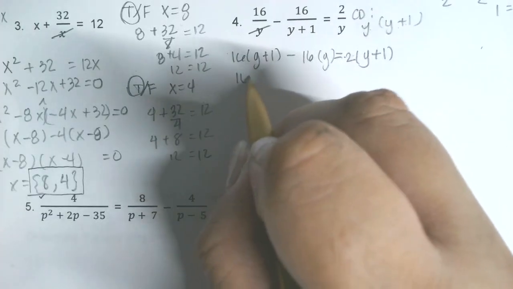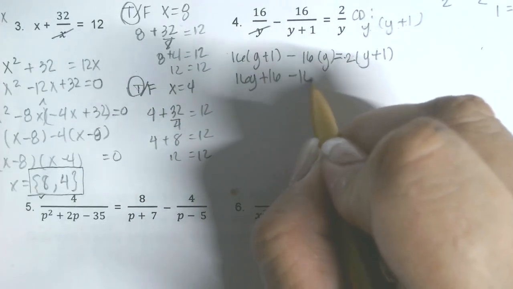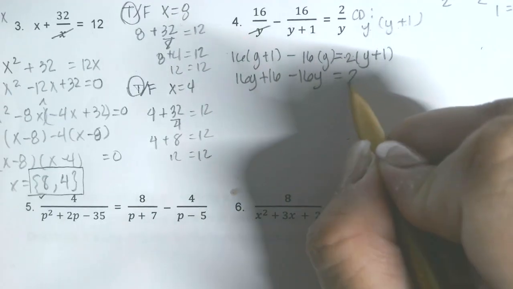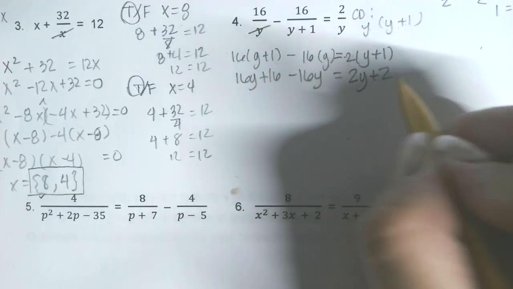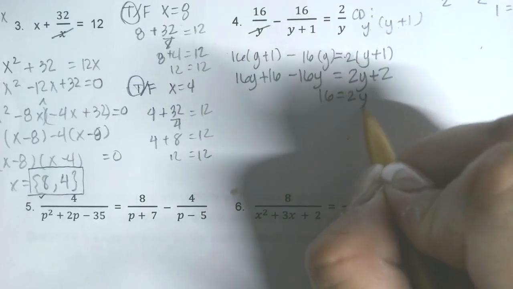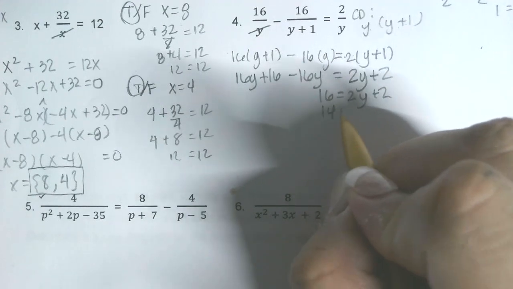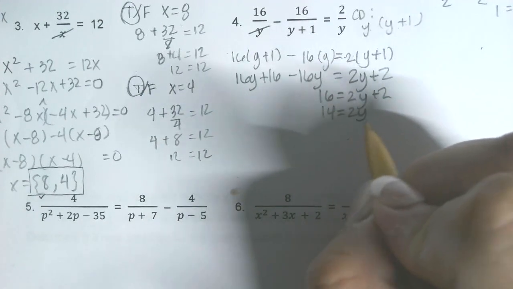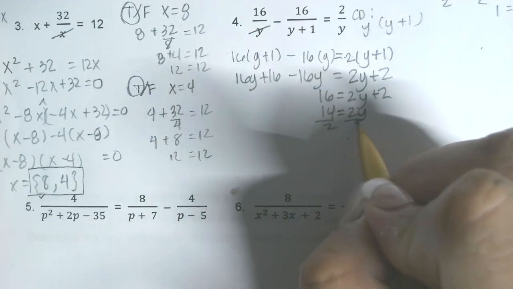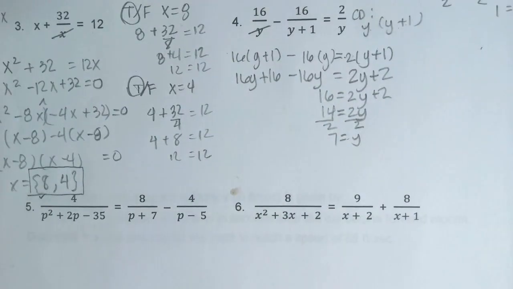So we get 16y plus 16 minus 16y equals 2y plus 2. 16 equals 2y plus 2. And then I have 14 equals 2y. Divide both sides by 2. Y equals 7. So now we need to check our solution to see if 7 works.